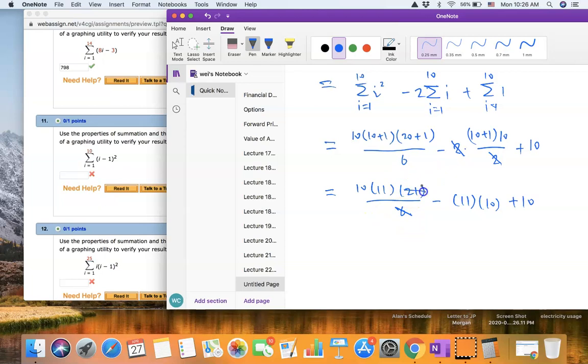6 and 21 have a common factor 3, and 2 and 10 have a common factor 5. 5 times 11 is 55 times 7 minus 110 plus 10.